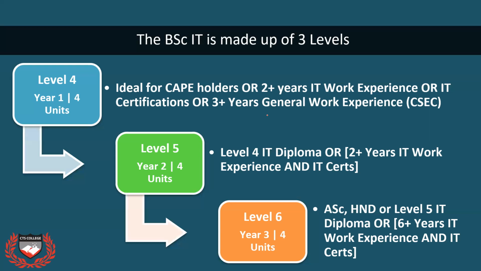Then we have level 6, which requires an associate's, an HND, or a level 5 IT diploma. If you don't have any of those, but you have 6 years or more in IT work experience and a combination of IT certifications, you can use that combination to get into level 6. So you'll be exempted from 4 and 5, and you can finish your BSc in IT in just 8 months.